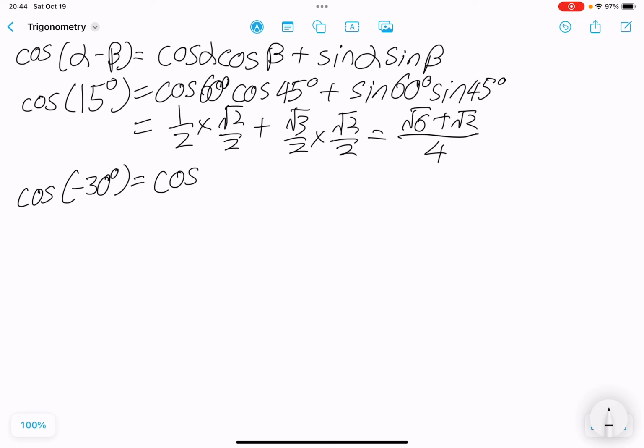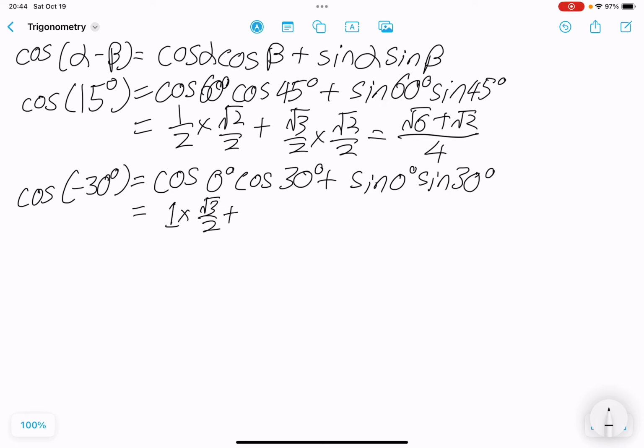So we have cosine 0 times cosine 30 degrees plus sine 0 times sine 30 degrees. So cosine 0 is 1 and cosine 30 is root 3 over 2, and sine 0 is 0, so this is just root 3 over 2.